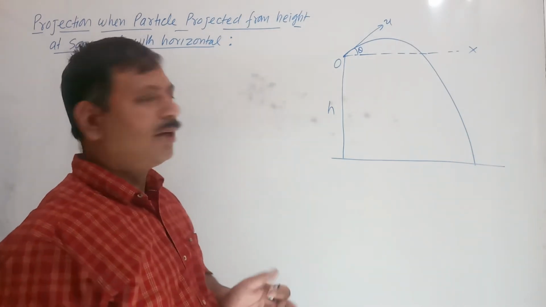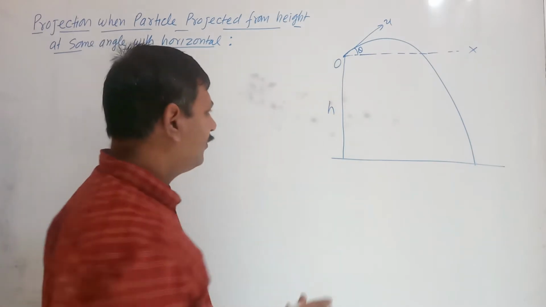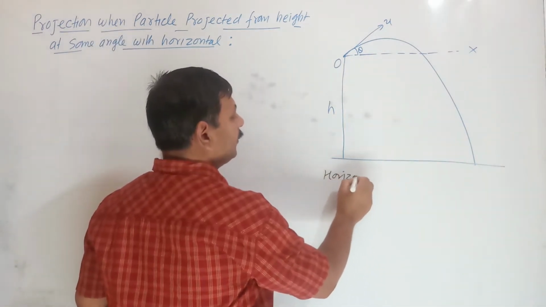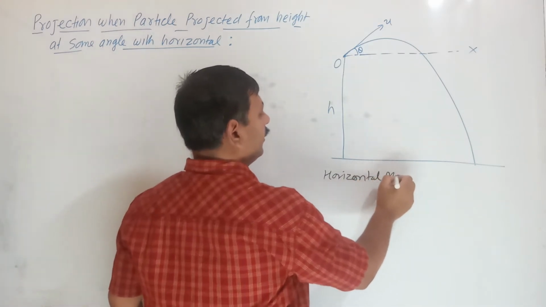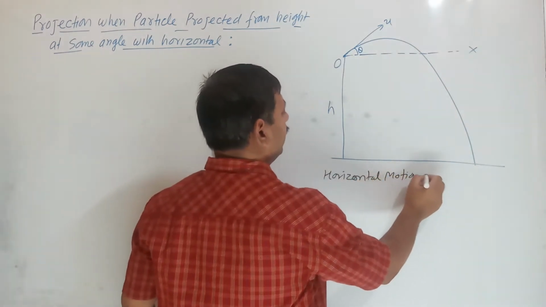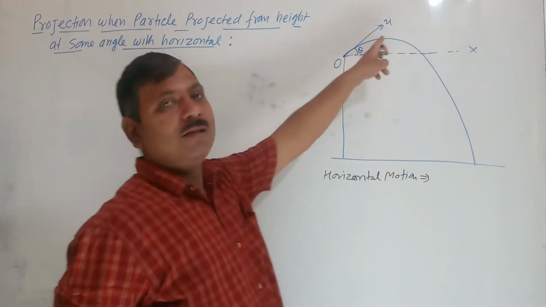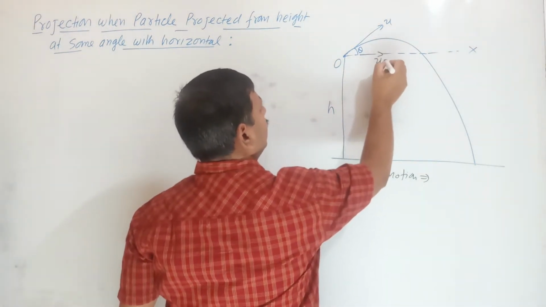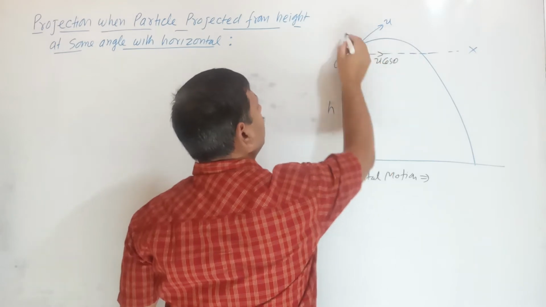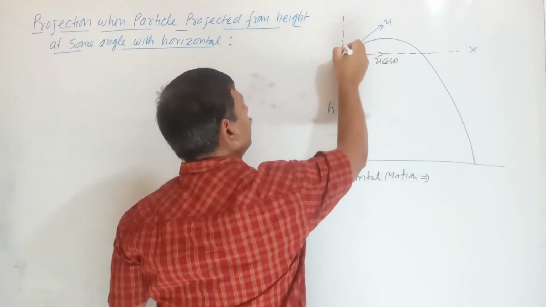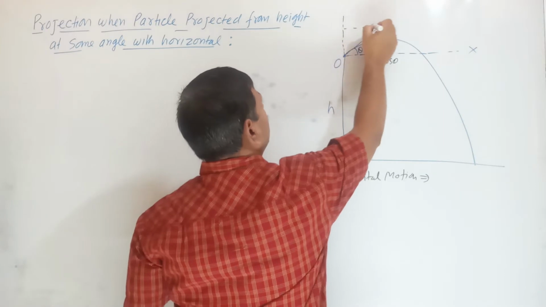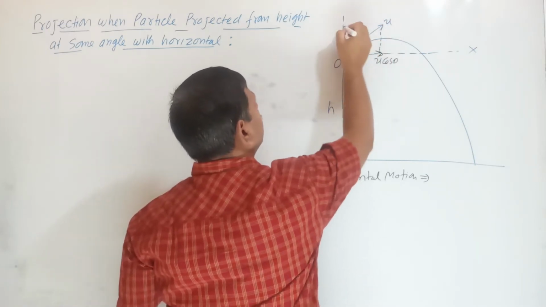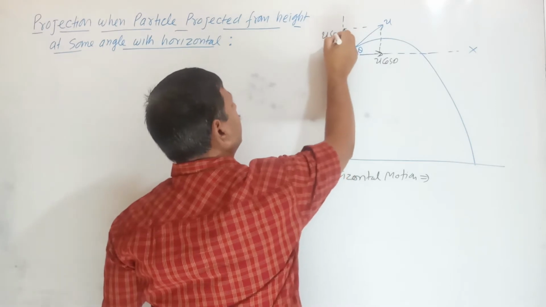Here also we have to take two motions, horizontal and vertical. For horizontal motion, u has two components. The horizontal component will be u cos theta. For the vertical component, you can see here it will be u sin theta.